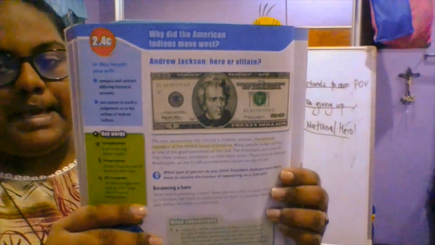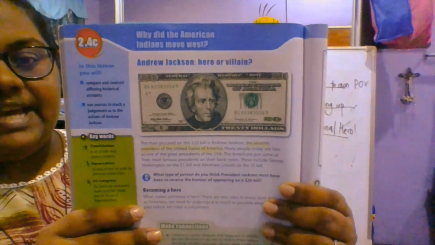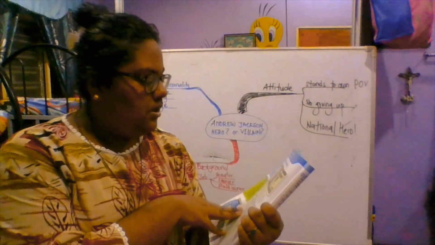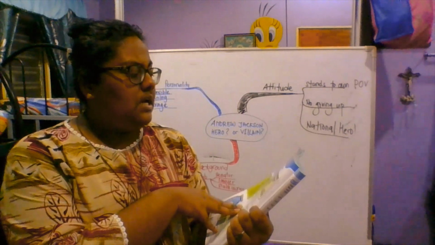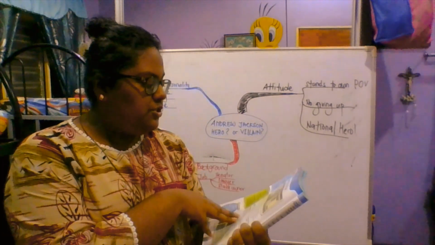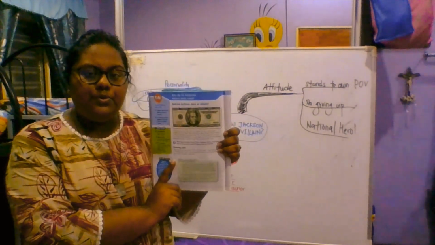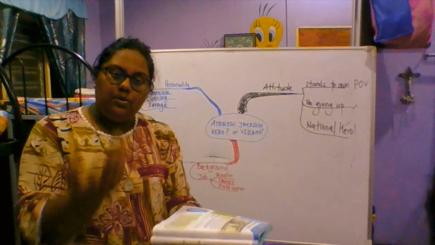Here, this is Andrew Jackson. This is his face, and he is on a $20 bill. I'll just read what you have here. Those of you who don't have the book can just follow along with me.